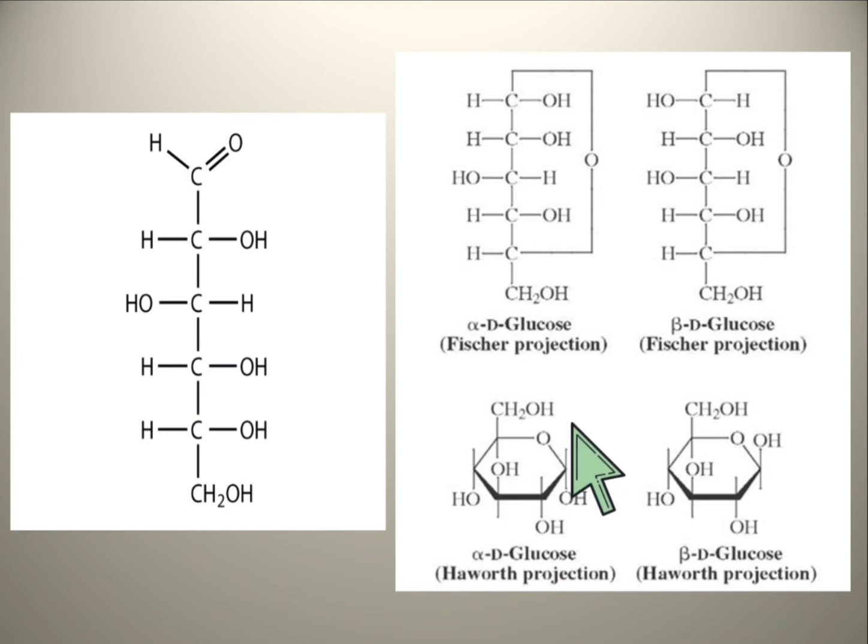And in this process a new chiral center is formed at the former carbonyl carbon, which is now known as the anomeric carbon. So in this case this carbon and this carbon here are known as the anomeric carbon atom.